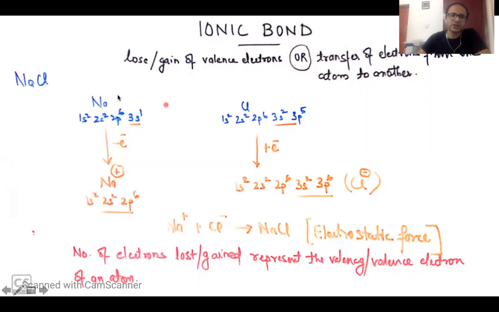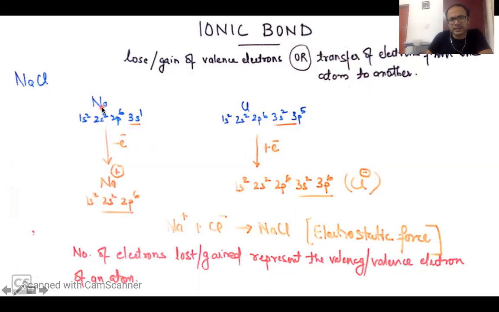So let us look into a very common example, that is your common salt, which is nothing but NaCl. This is your sodium atom and this is your chloride atom. I've written the corresponding electronic configuration, and the third shell represents the valence shell of the sodium atom. Again, the third shell represents the valence shell of the chloride atom.